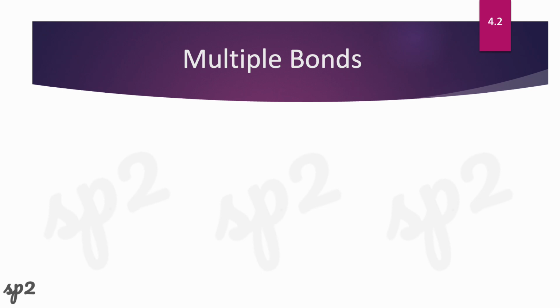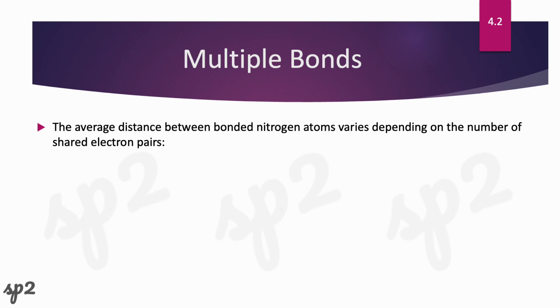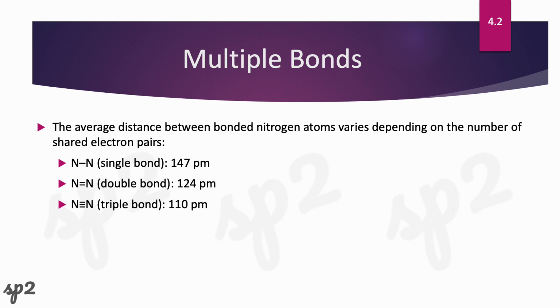So a little bit of expansion on multiple bonds and how this affects the bond distance. The average distance between bonded nitrogen atoms varies depending on the number of shared electrons between the two of them. For example, if I have just one pair of electrons, a single bond, it's 147 picometers. If you have a double bond, two pairs of electrons shared, we have a shorter distance, 124 picometers.